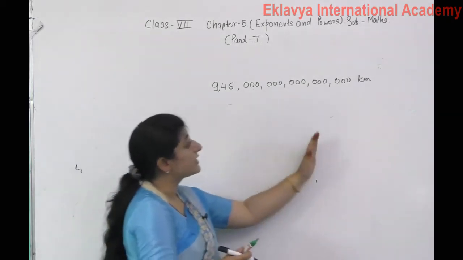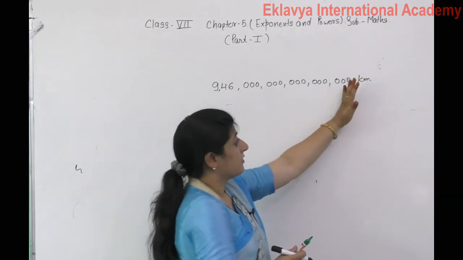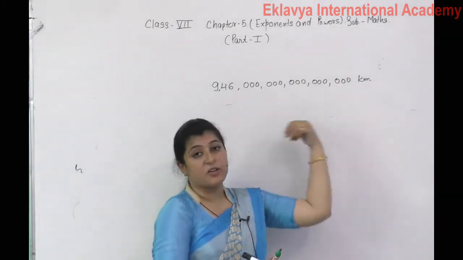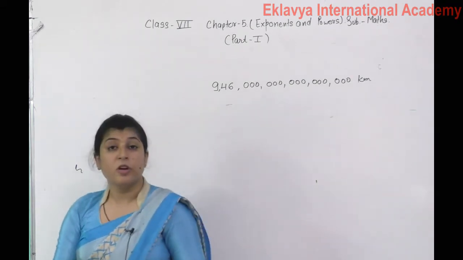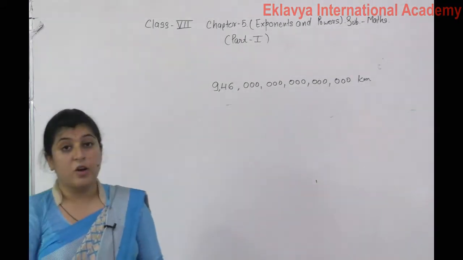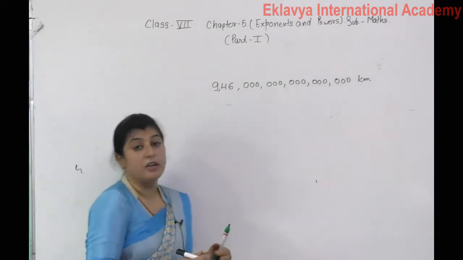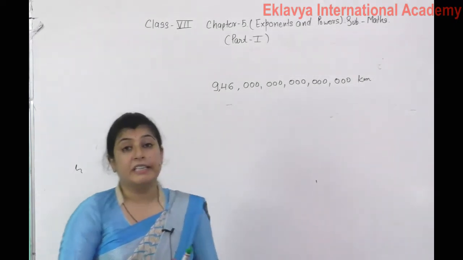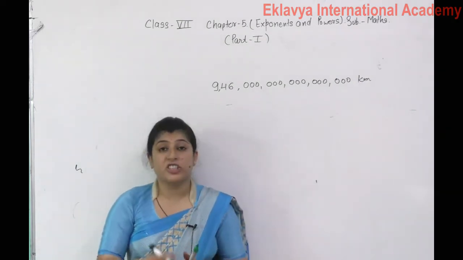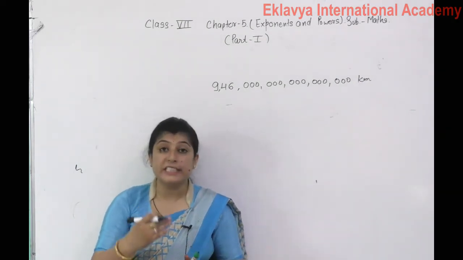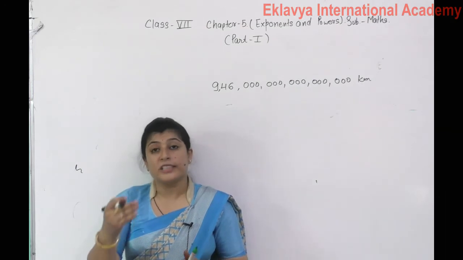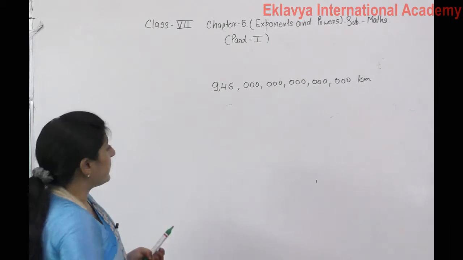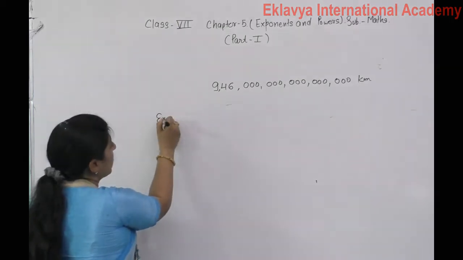We have to go like this: unit place, 10 place, 100 place, 1000 place, and count it like this. So how to read these types of notations, these types of values, easily? So there is a need for exponents. It means, what is an exponent?